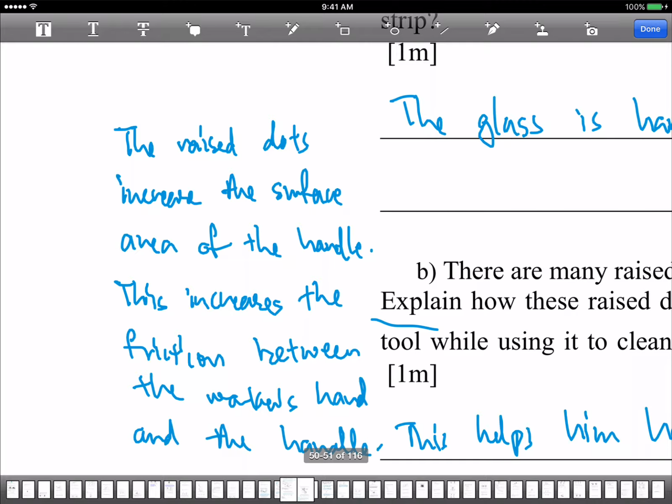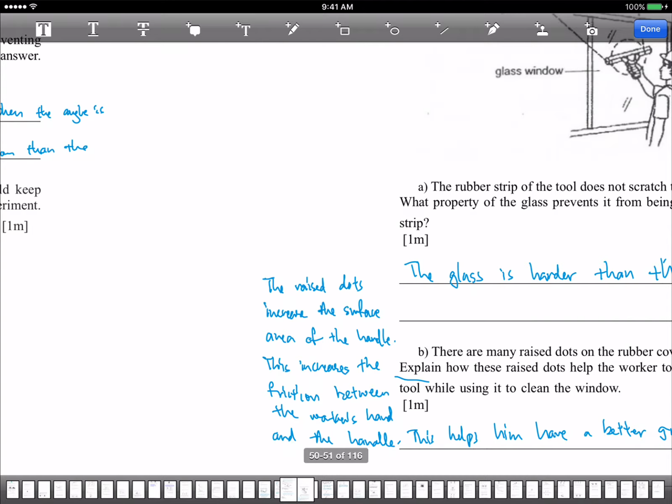There's a raised part, increase the surface area, so increase the friction, and therefore he can grip easier. Okay? But how does this happen?